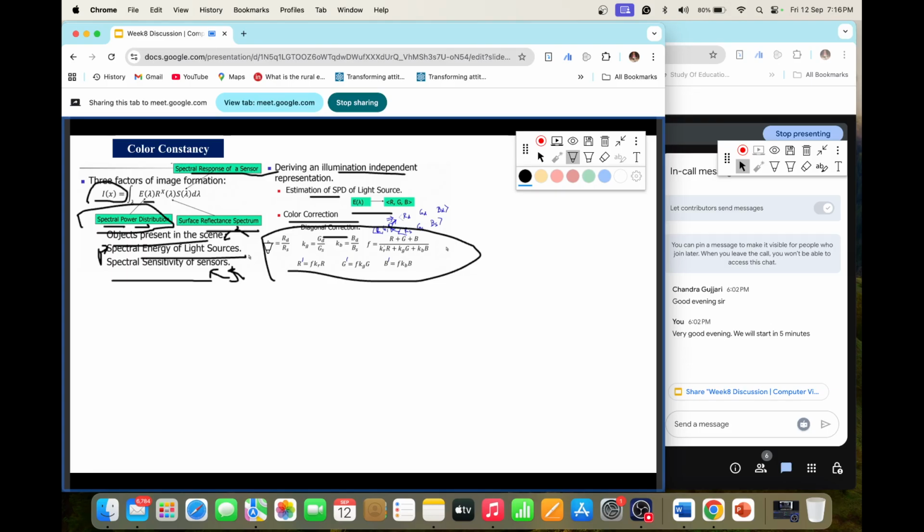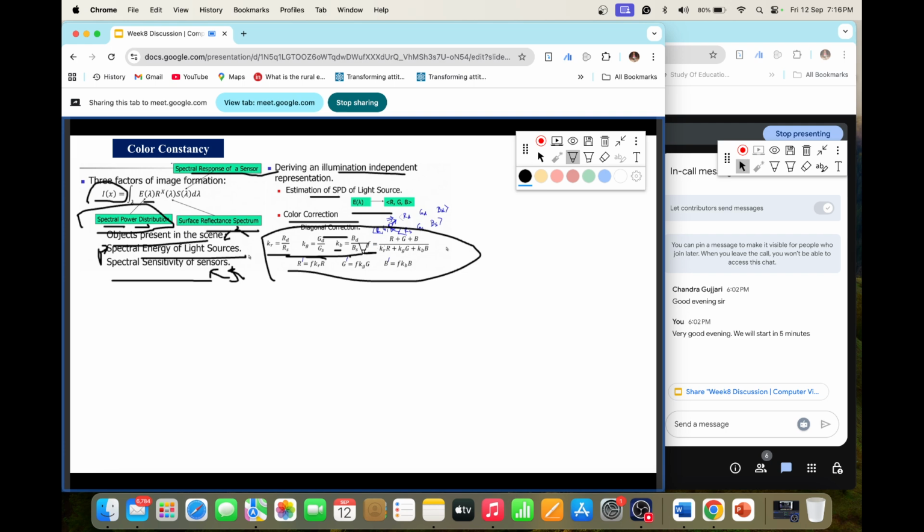By that we get the value kr, which is Rd by Rs. Second, kg is Gd by Gs, where Gs is the source value of the green color and Gd is the destination value of the green color. Similarly, kb is Bd by Bs, where Bd is the destination value and Bs is the source value. This is a kind of scale.